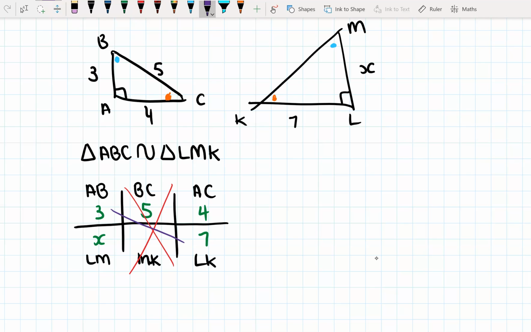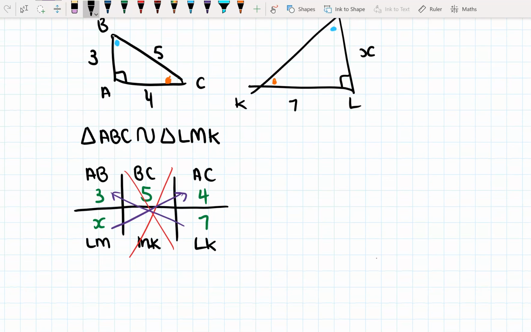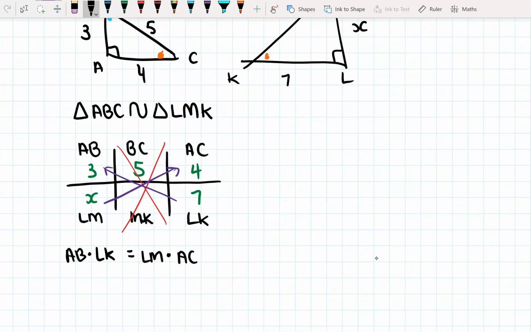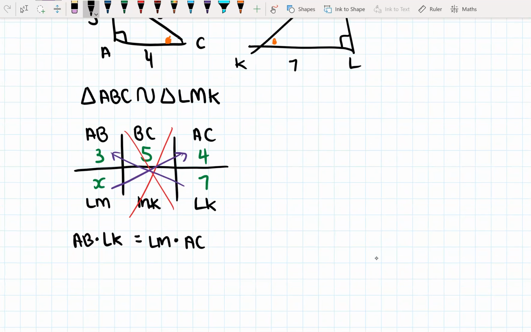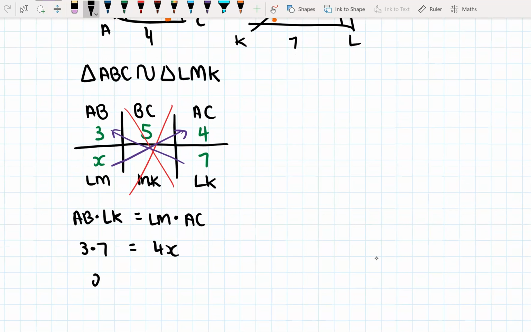Now we just do the usual cross multiplication in order to calculate LK. So we have here AB times LK is equal to LM times AC. Okay, so AB times LK means 3 times 7 is equal to 4x. 3 times 7, you guys all know, is 21, is equal to 4x.